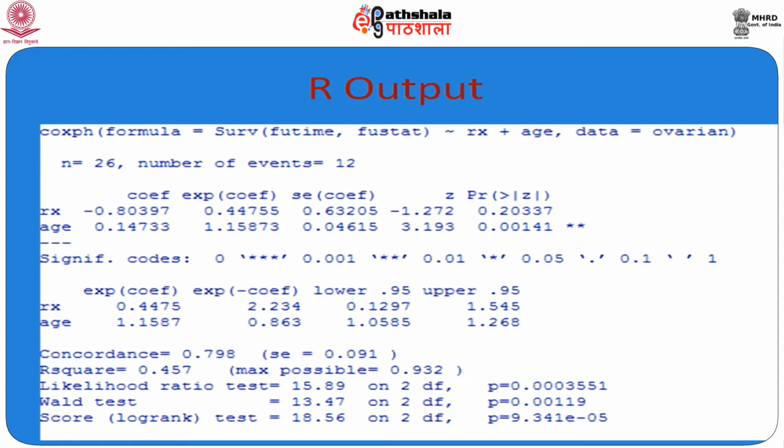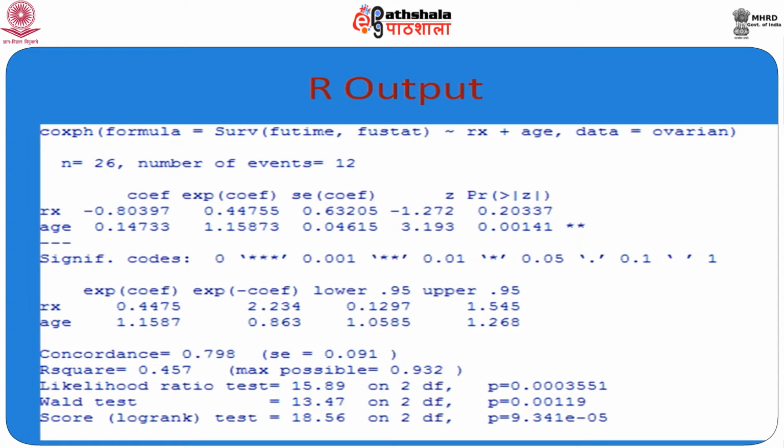So the exponential of the coefficient for Rx is 0.44 with standard error of coefficients 0.63. So if we add the standard error of coefficients with the exponential of coefficients, then we will get the 95% confidence interval, and subtraction will also give us the lower confidence interval.